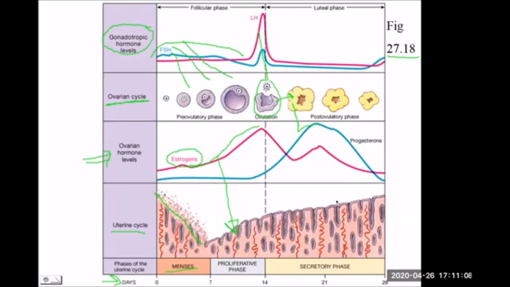So with the development of the endometrium in secretory phase, the corpus luteum, or the placenta, being a source of progesterone, that helps to maintain the development of the endometrium. And if there's no pregnancy, there's no placenta, of course, the corpus luteum is broken down. That leads to a drop in progesterone levels. That decline in progesterone levels is what ultimately triggers a new cycle of menses in the uterus.